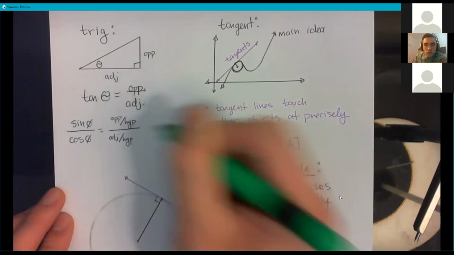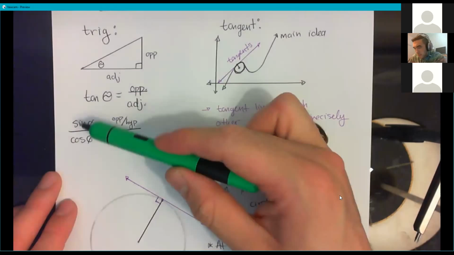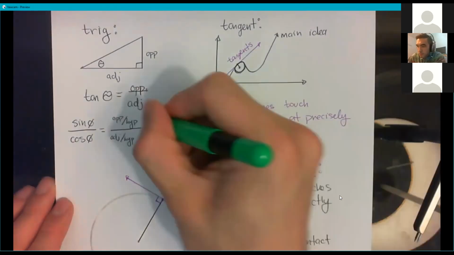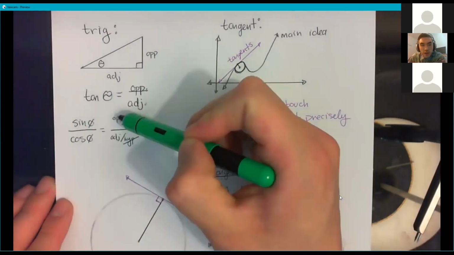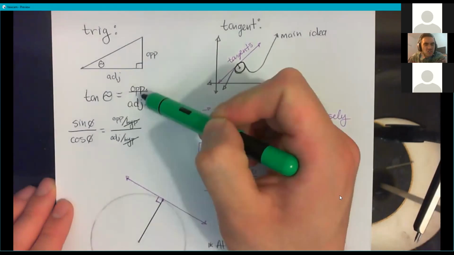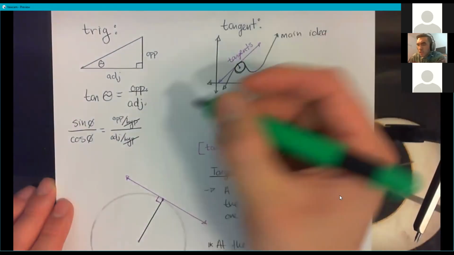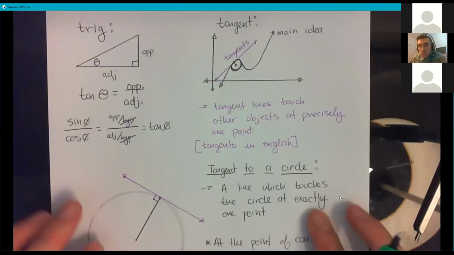And based on the way that fractions work, what cancels in this ratio of sine divided by cosine? The hypotenuse. And so sine divided by cosine is equal to opposite divided by adjacent. But what is opposite divided by adjacent? Tangent. But that is also tangent.